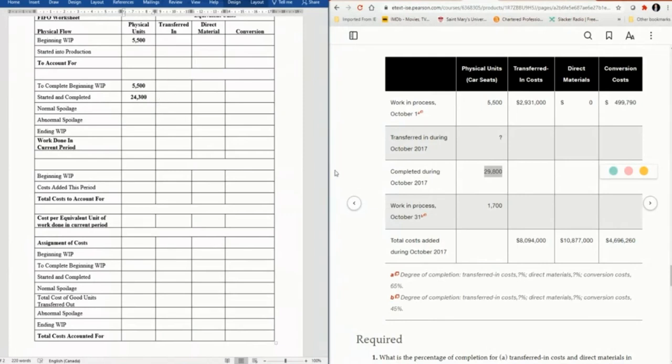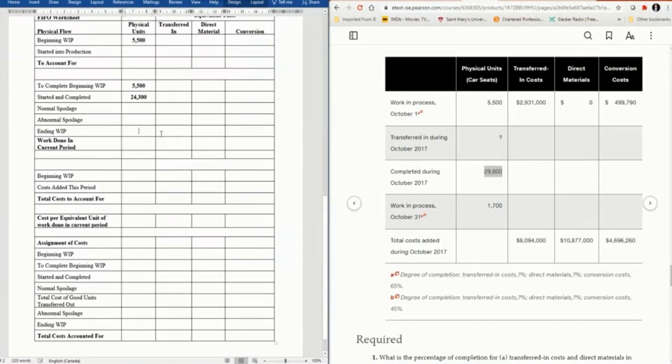I'm sorry, what was that? Is that 24,800? Well, it has to add up to 29,800. That's true. But we had 5,500 to begin with. So I think we only need to do 24,300 more. Is that okay? Yeah, that's right. Okay.